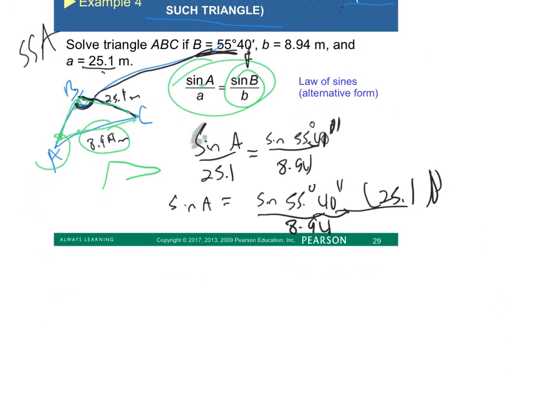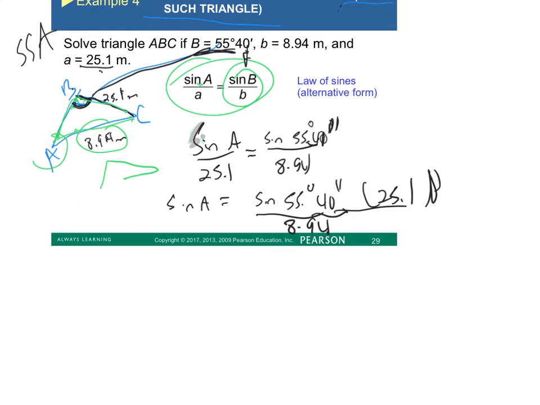All right, so go to your calculator, key in sine of 55 plus 40 divided by 60, put that in parentheses, times 25.1, hit enter, divide by the 8.94, and we're going to find out what decimal number sine of A gives me. I'll be right back.